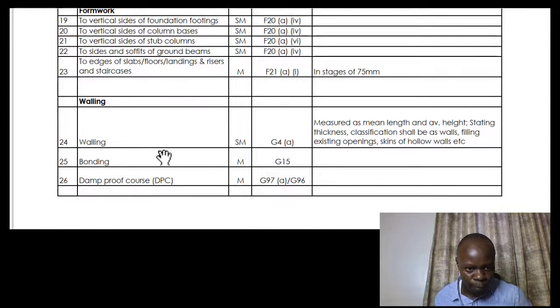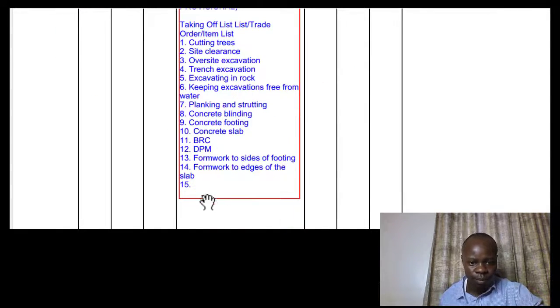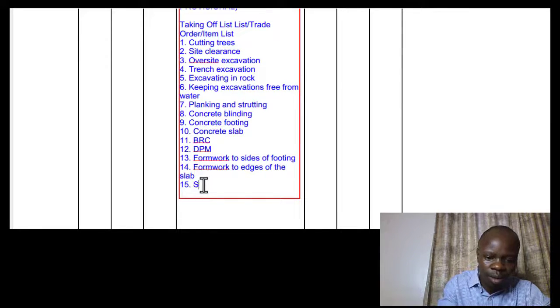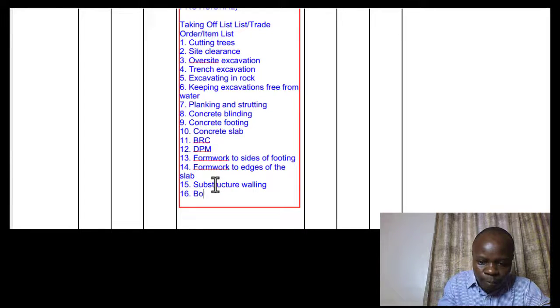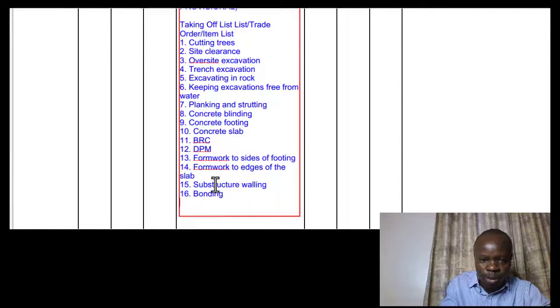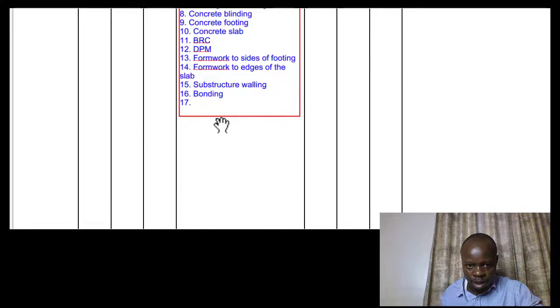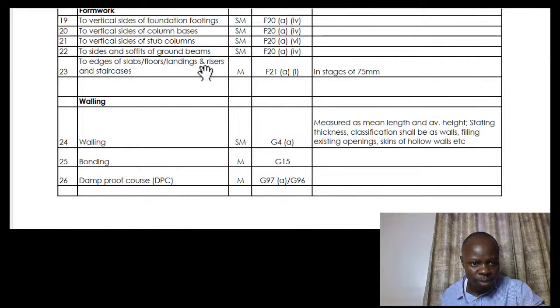Then number 15, let's see what we have. We'll do walling, substructure walling. Then we do bonding. We'll do substructure walling. Then at number 16, we do a bit of bonding. We talk about that. Then at number 17, we've talked about bonding.